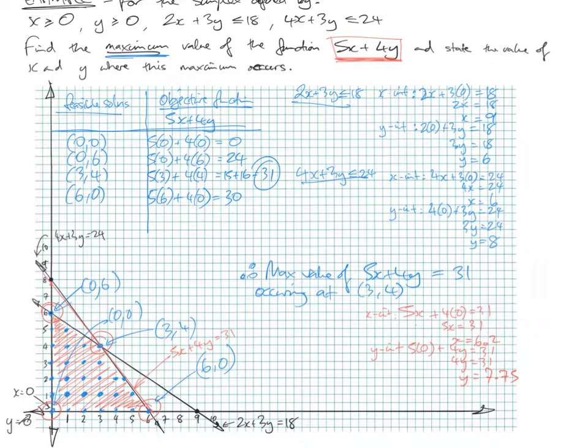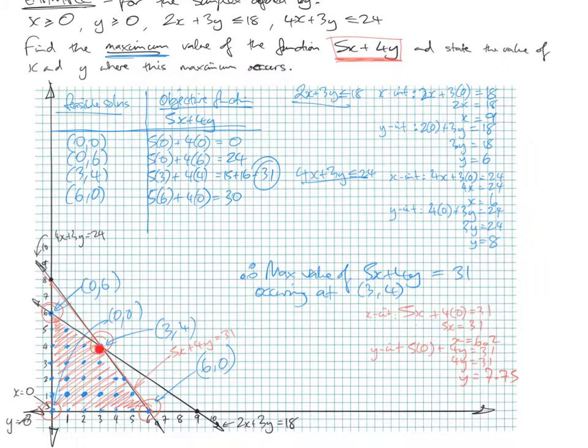Alright, so that's just relating back what this objective function is. It's actually a line. 5x plus 4y can be any line of this slope. It's scanning all the way across. But the optimal solution only occurs when it touches exactly that corner of the simplex, and that's the highest value it can be.